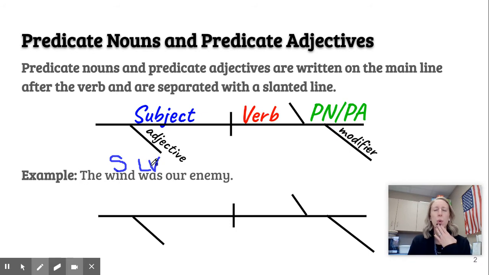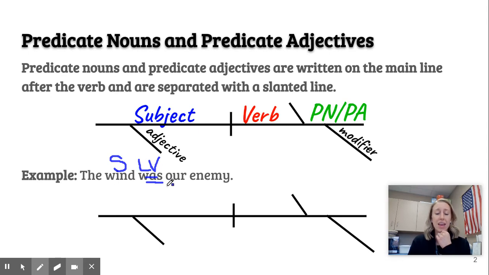Now we think, what is the next step when we're looking for predicate nominatives or predicate adjectives? And we know we're looking for one of those, you guys, because of the linking verb. Anytime you have a linking verb, remember, you're always going to be looking for a PN or a PA. So what we do when we have a linking verb, remember, is we replace it with that equal sign.